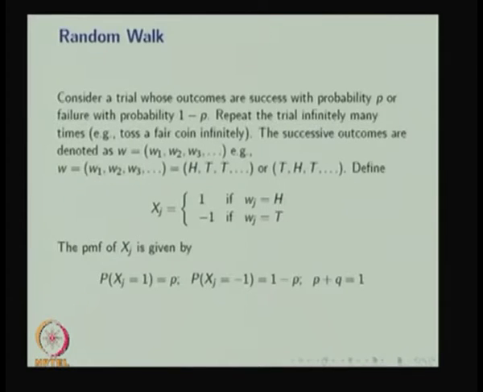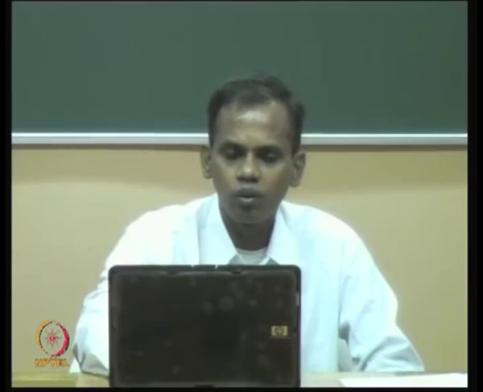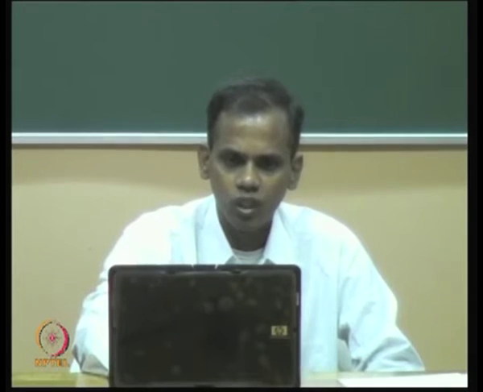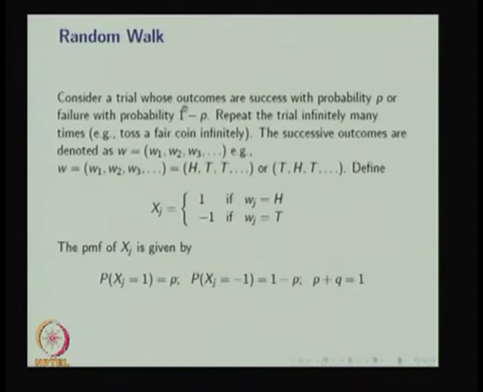Now we start with the random walk, because using this random walk we are going to derive the Brownian motion. Consider a trial whose outcomes are success with probability p or failure with probability 1 minus p. Repeat the trial infinitely many times. That is equivalent to tossing a fair coin infinitely many times.